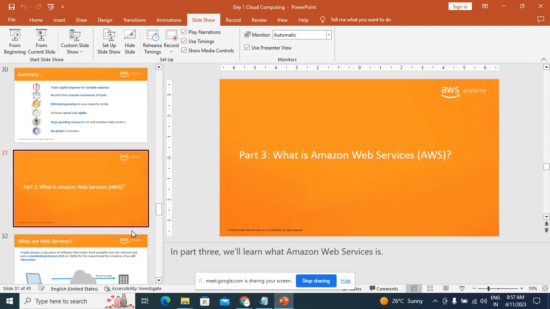Now this is just the foundation where we have tried to understand the cloud computing concepts. Now we can get into AWS. What exactly is AWS, what are its services, what are the benefits, and what are the different types of products offered by AWS? We will learn that in this slide.